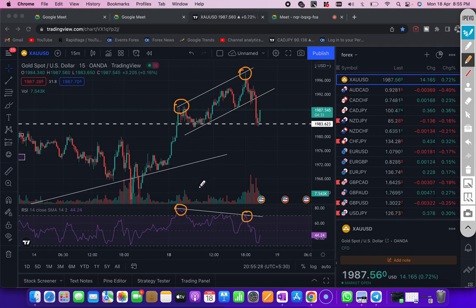RSI is a momentum or strength indicator. It signifies that people are taking interest in order to buy or sell. If people are taking interest, it is going high.